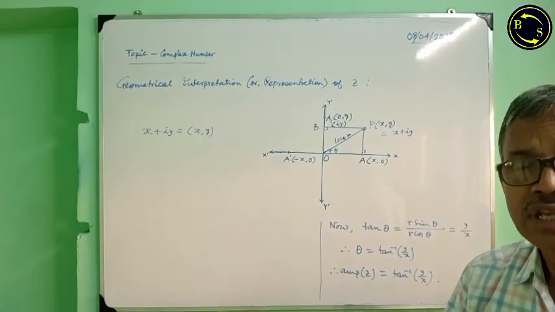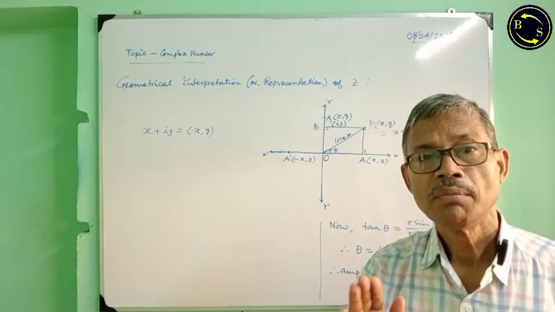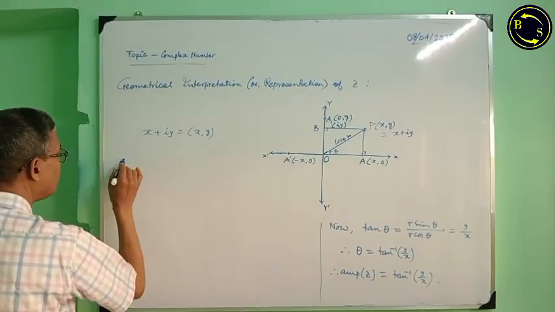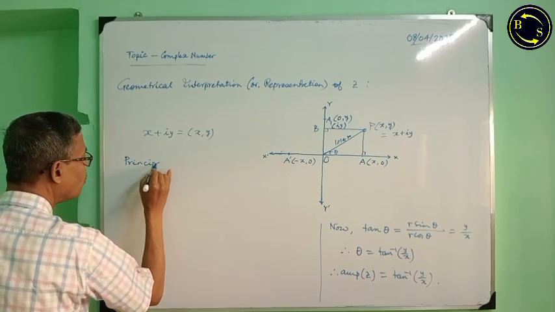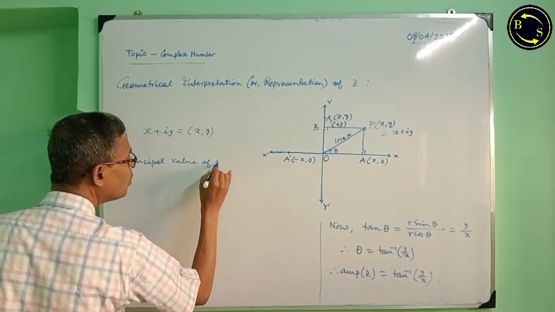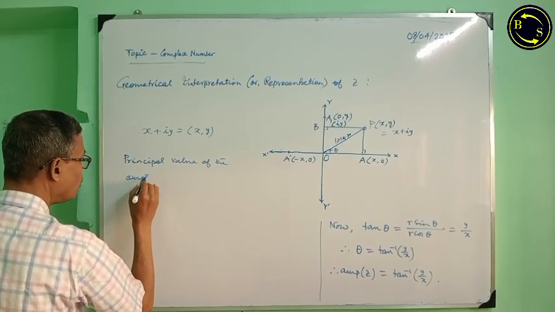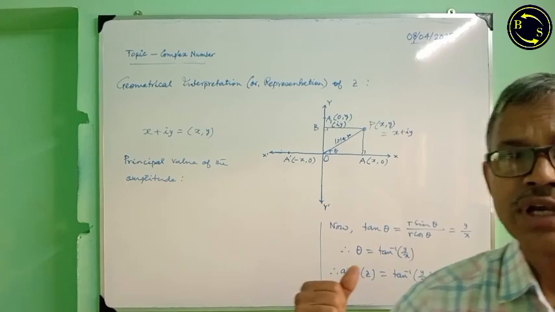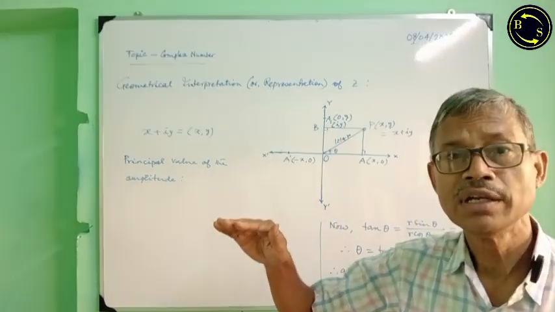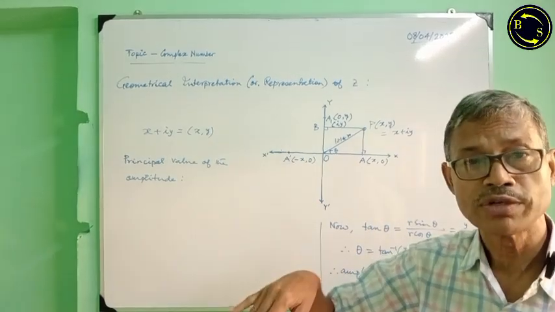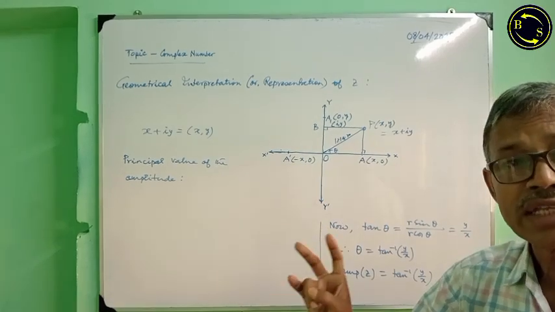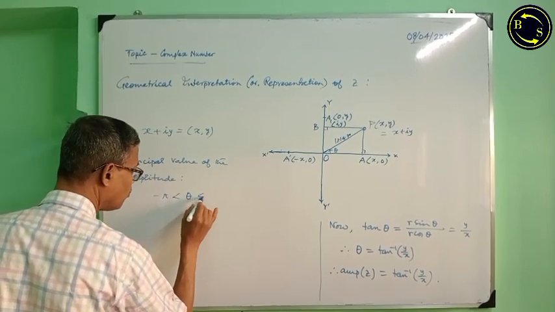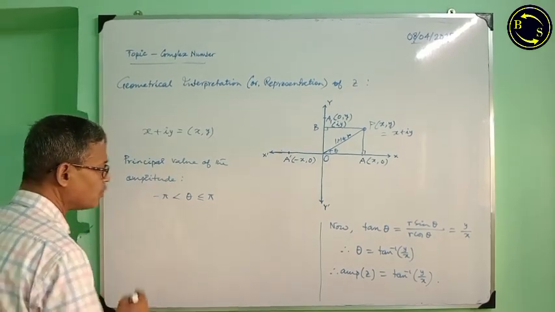Now, another important thing, there is principal value of the amplitude, and since the point P on the Argand plane can lie in any of the four quadrants, therefore the principal value range is, this is very important.